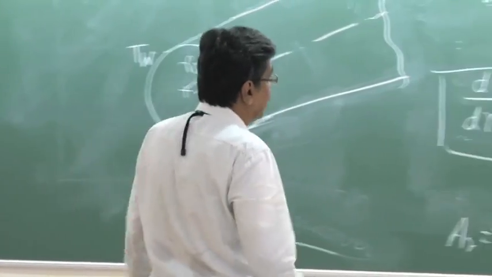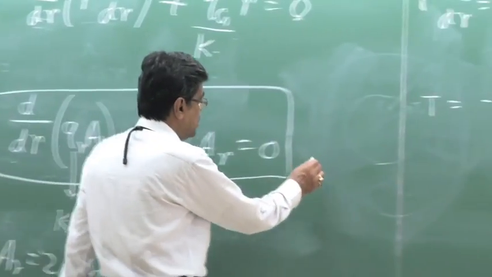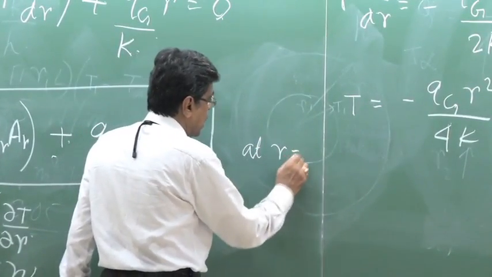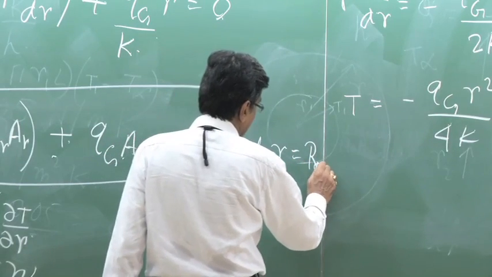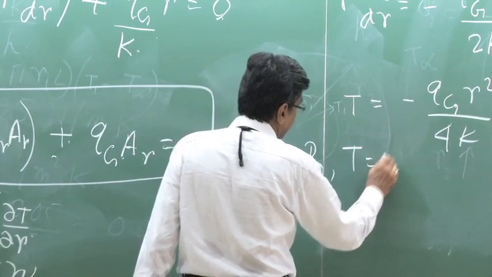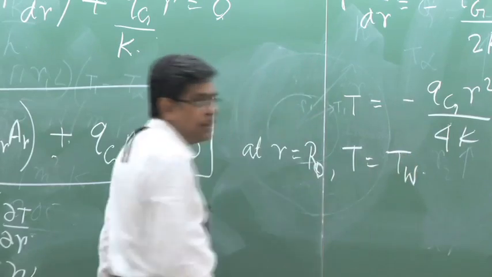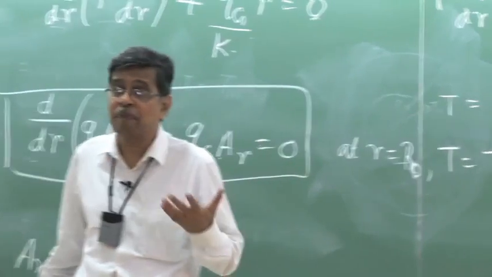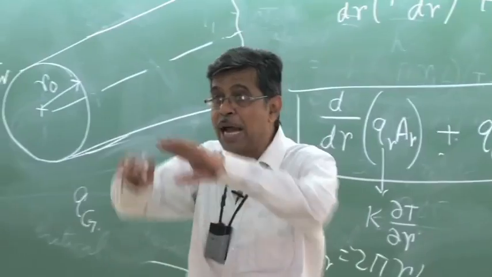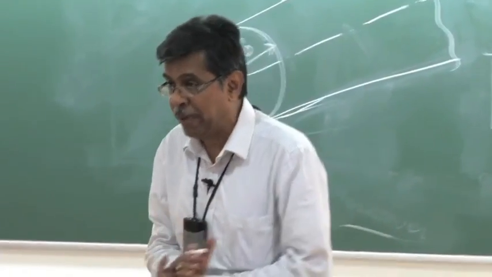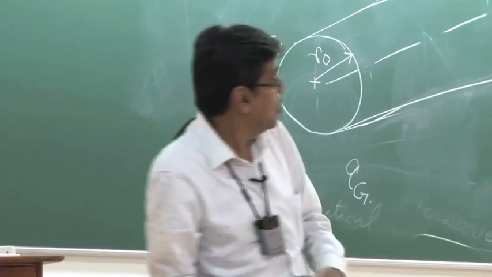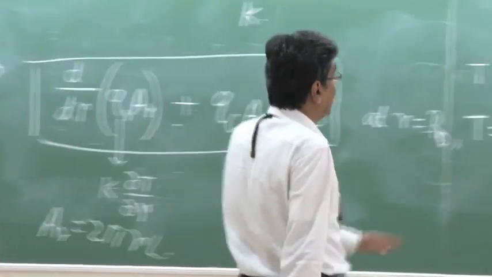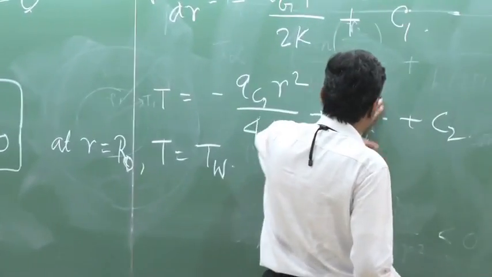One is very simple, at R is equal to R0, the problem is prescribed at R0, T is equal to TW. This boundary condition comes from the practical information that we have to keep the surface at a given temperature.